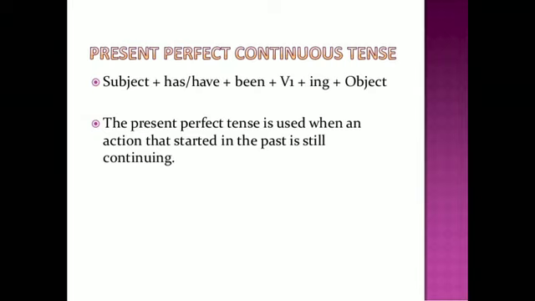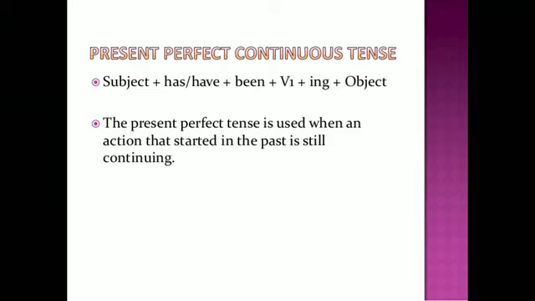Note that in this tense, has been and have been are followed by the verb plus ing plus since or for, as subject plus has been/have been plus present participle. And if you want to frame a sentence in negative, then subject plus has/have along with not, has not or have not, then been, then the present participle.